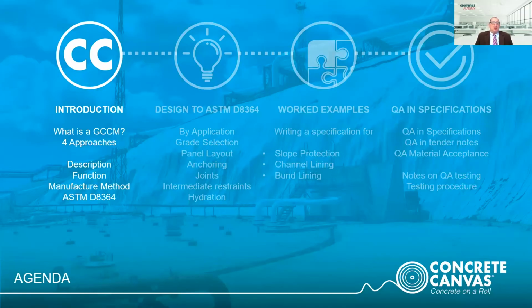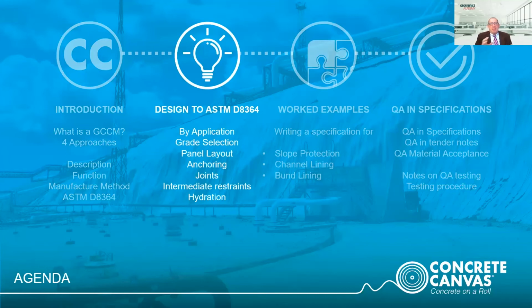This presentation will cover basically 4 sections. First is an introduction to what is a GCCM. Now I'm going into 4 different approaches to help people better understand GCCMs overall. The second section will look at the basic design procedure for how to design to ASTM D8364. We look at the application, the grade, the panel layout, jointing, anchoring, all those things.